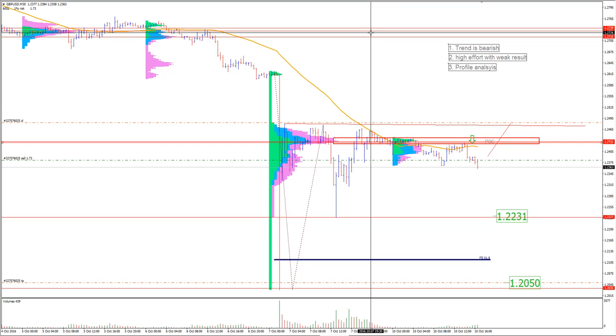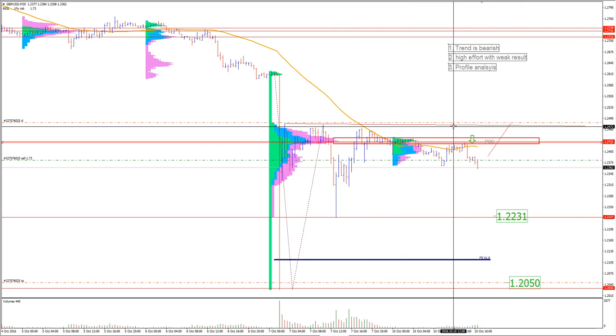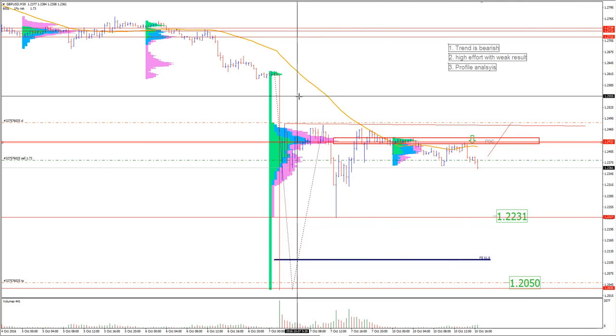And then there is a part about technical analysis and creating the sentiment for the currency pair. And these are some major steps when you do analysis for any currency pair.